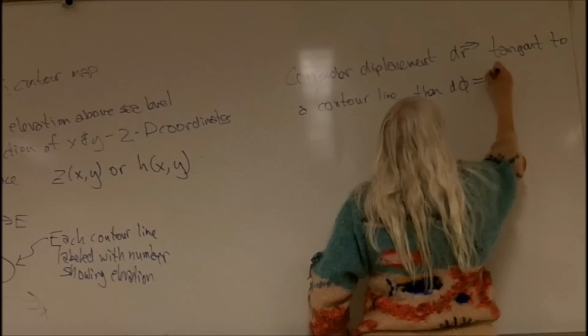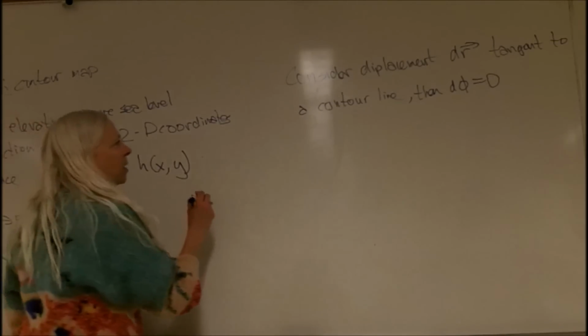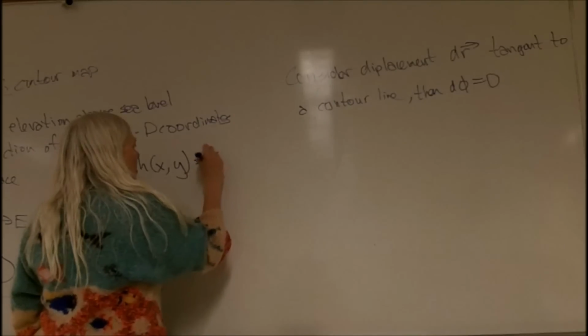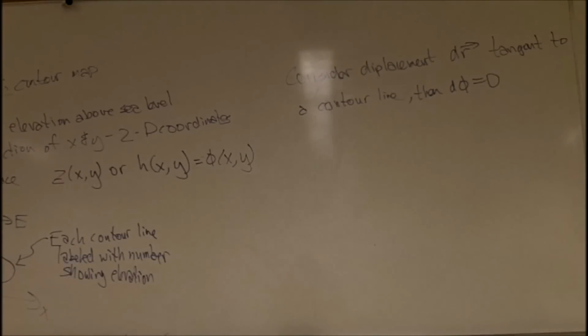Well, the change in phi, if I move along a contour line, is going to be 0, right? Because phi, by definition, is constant, or z or h or whatever it is. Let's call it, since I've already used it, think of this as phi of x and y, to be consistent with the notation we used over here. So phi doesn't change if we move along a contour line.